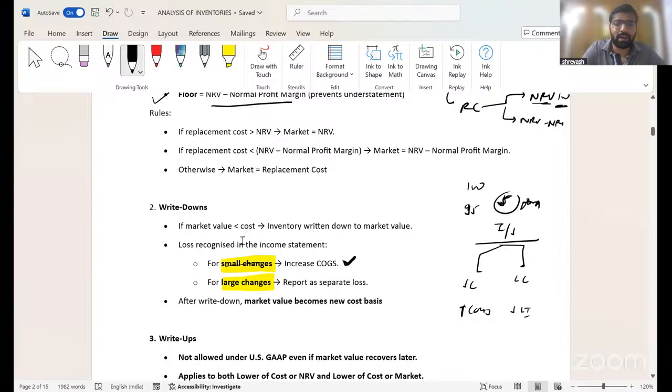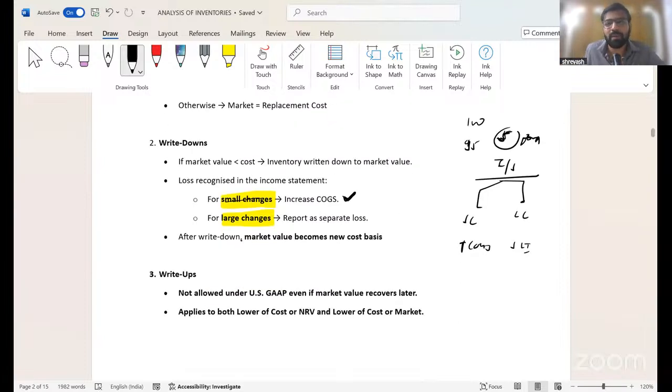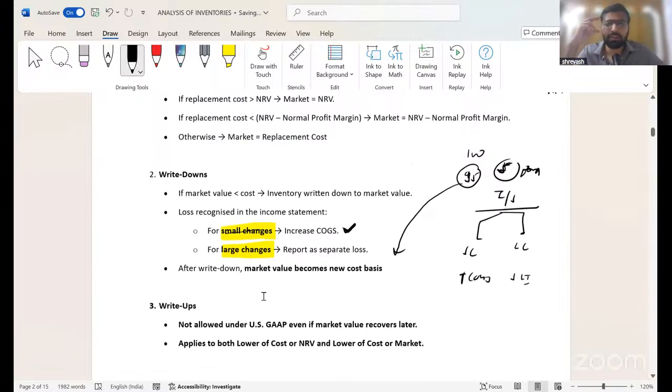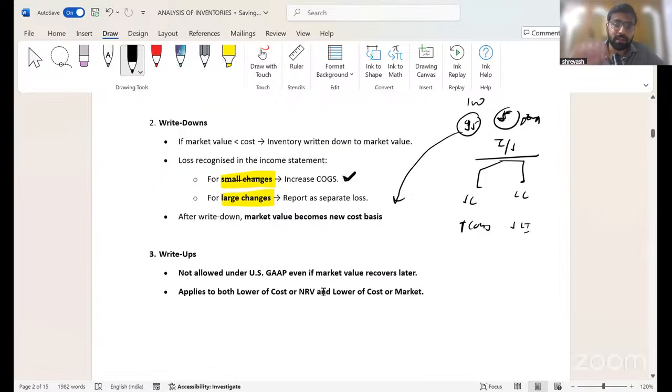Now, sir, if there's a write down, what happens? My market becomes my new cost. So my market was 95. If there's a write down, the value of my inventory in the books of accounts is going to be 95. Sir, what if there's a reversal in the value tomorrow of inventory? What if the market goes up? Can we reverse in US GAAP? No, I can't reverse in US GAAP. There is no provision of reversing your write down in case of US GAAP.